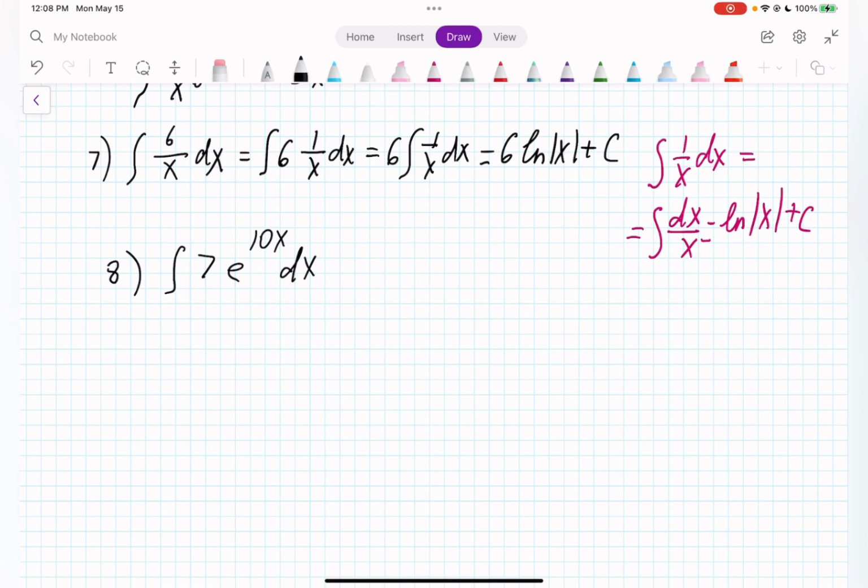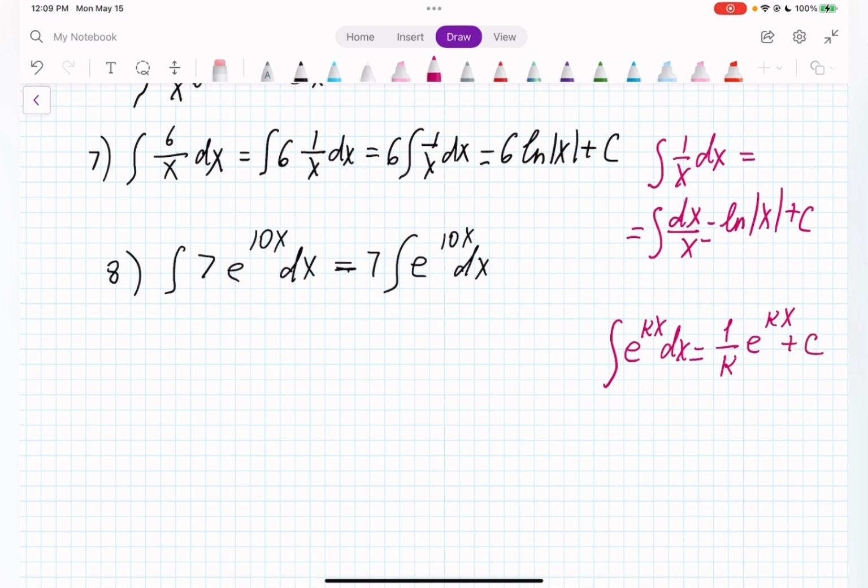First of all, I'm taking out 7, right? Because it's a constant. And I will have e to the power 10x dx. So let me write down the formula for you. The integral of e to the power kx dx is equal to 1 over k times e to the power kx plus c.